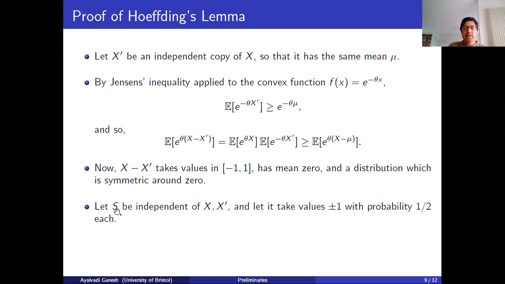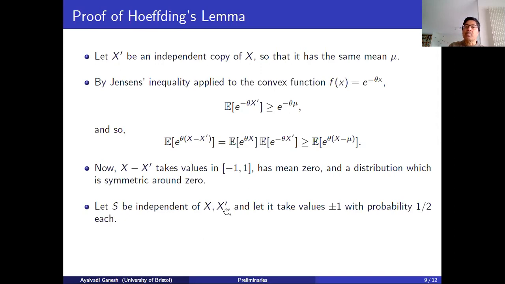Okay, now let's pick yet another random variable s. This is going to be independent of x and x prime, and it's only going to take one of two possible values. It can either take the value +1 or the value -1, and it's going to take each of these values with probability 1/2. Okay, s is a discrete random variable.